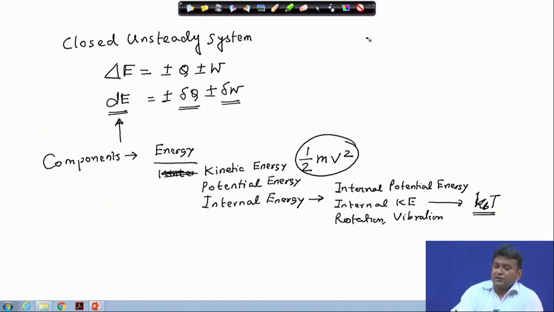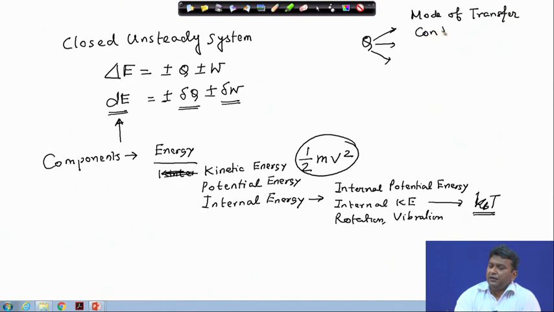So, if you now start to talk about the different components of Q, you can have classifications based on the mode of heat transfer, which we all know can be conduction, convection and radiation.